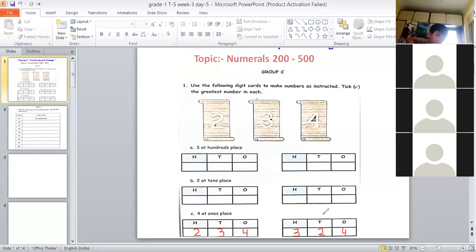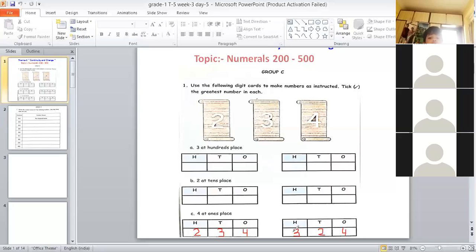Okay. Now we have to see what are the digits at hundreds place. Sudhamsh, in number 234, what is the digit at hundreds place? Below this H, what is written? 2. Very good.